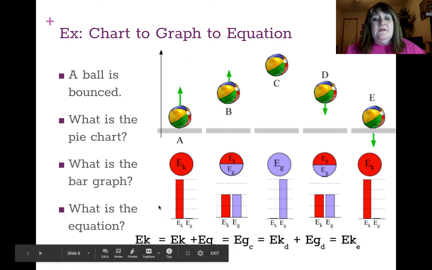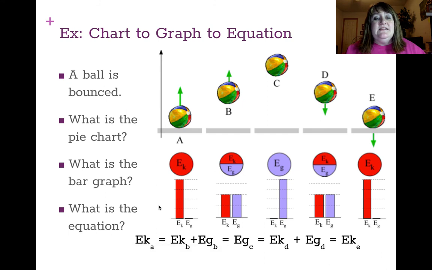EKB plus EGB has to equal EGC, has to equal EKD plus EGD has to equal EKE. It sounds like a mouthful, but again, it's just essentially writing down what the pie chart or the bar graph would be if you had to read it out loud.